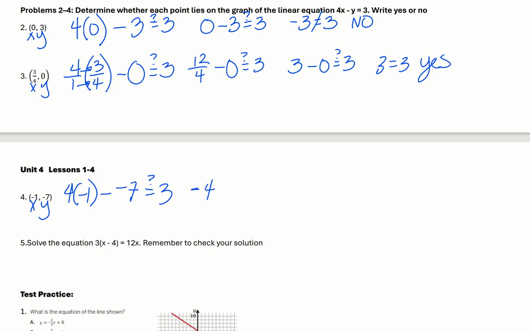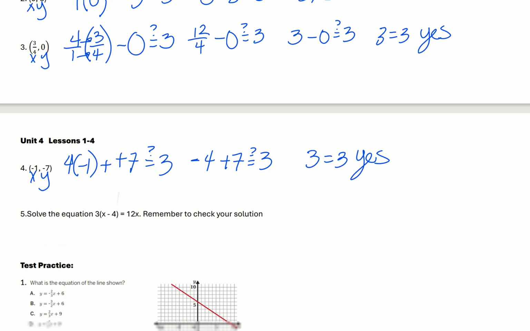And then I have minus a negative. We would add the opposite, and now it's plus 7. Does that equal 3? We need to remember from last year, we subtract when they're opposite signs. So 7 take away 4 is 3. And because 7 has a greater absolute value, the answer is positive 3. And that does, in fact, equal 3. So we can say yes.